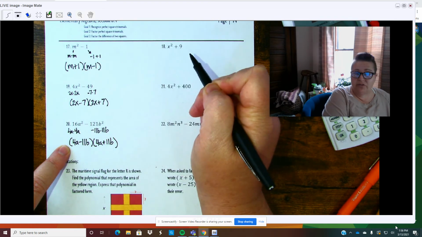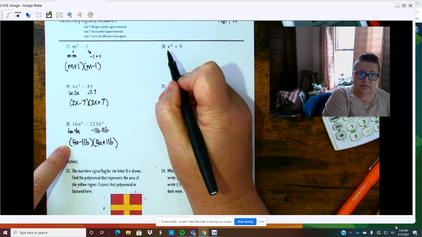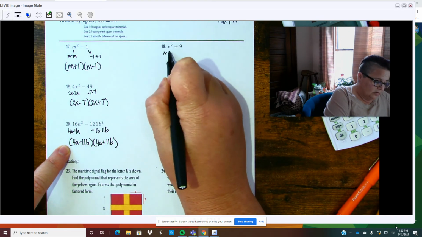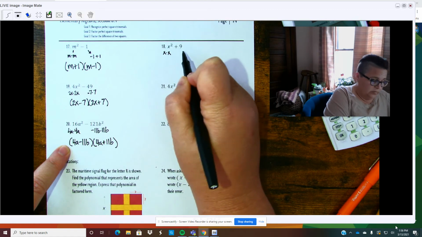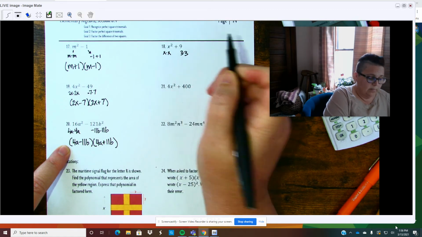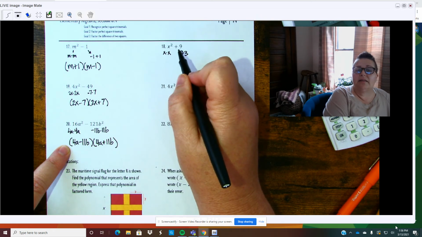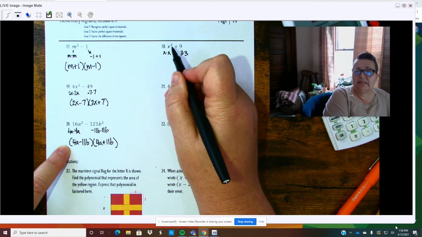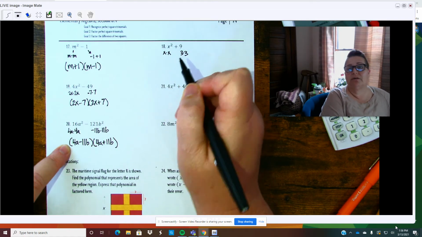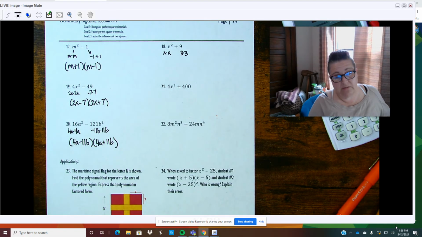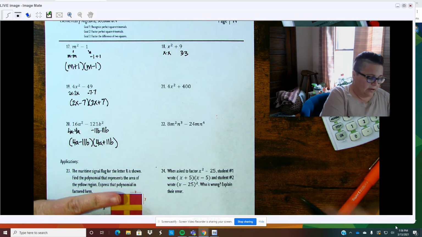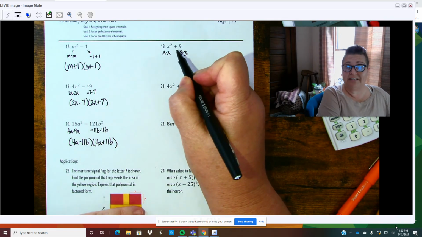Okay. What about number 18? Yes, I only have two terms. x is x times x. 9 is also a perfect square, 3 times 3. Now, the problem is this needs to be subtraction. If this is not subtraction, you cannot use something called the difference, because difference means subtraction, of two terms. We cannot use the difference of two squares pattern because I do not have a difference here.